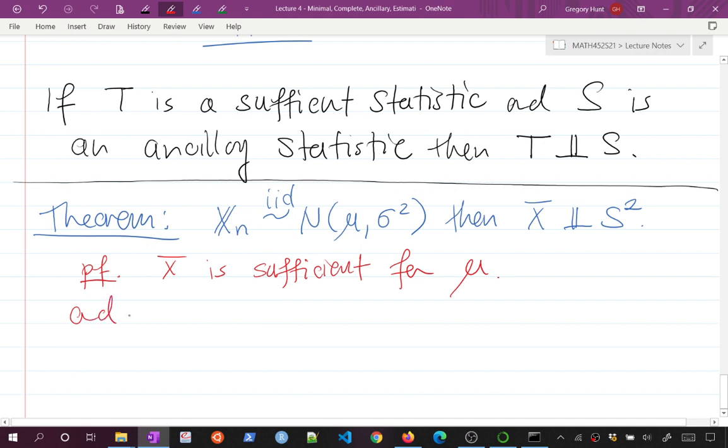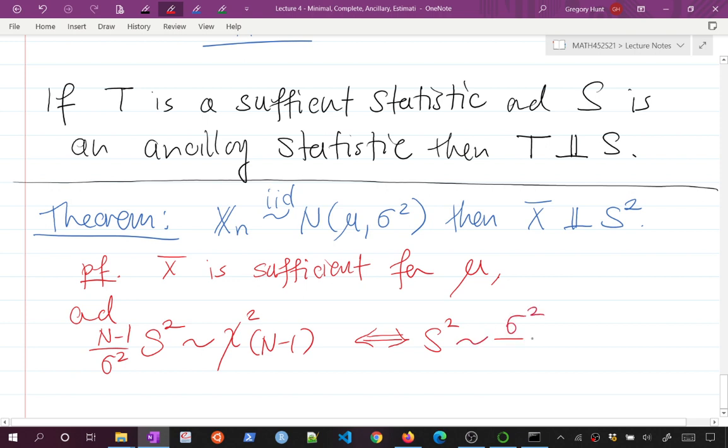and if we look at s squared, another part of that theorem said that n minus 1 over sigma squared times s squared has a chi-squared distribution with n minus 1 degrees of freedom. So S squared has a distribution that is basically whatever we get if we multiply a chi squared by sigma squared over n minus 1.